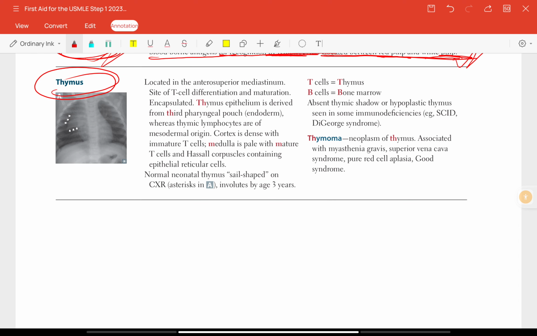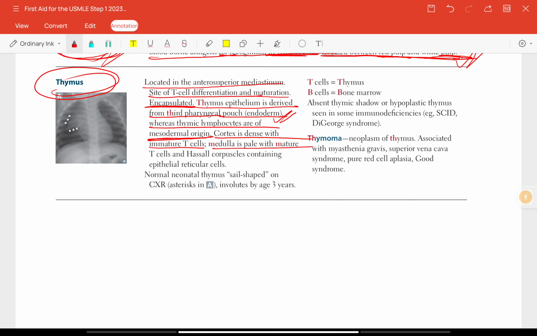Now talking about the thymus, located in the anterosuperior mediastinum, the site of T cell differentiation and maturation. The thymus is encapsulated. In the thymus, the epithelium is derived from the third pharyngeal pouch endoderm, whereas thymic lymphocytes are of mesodermal origin. The cortex is dense with immature T cells.